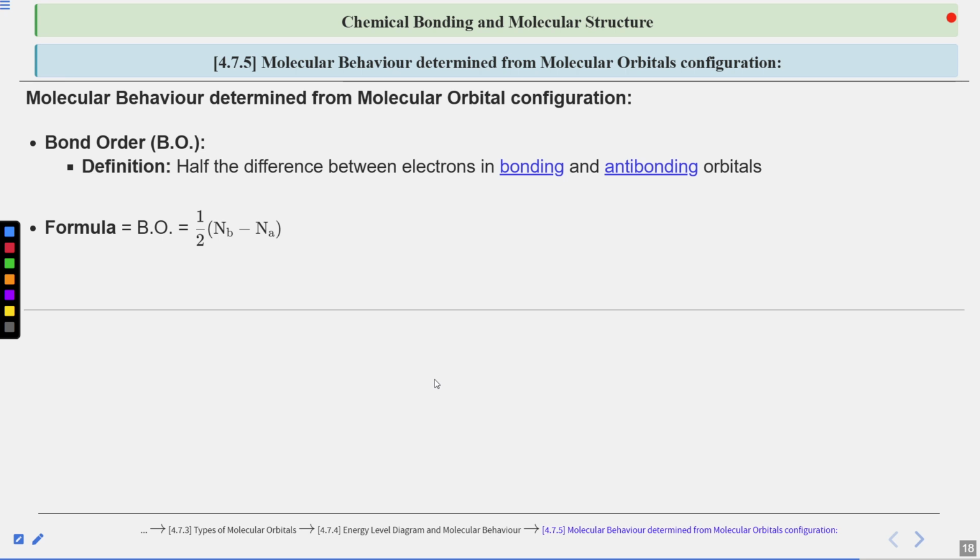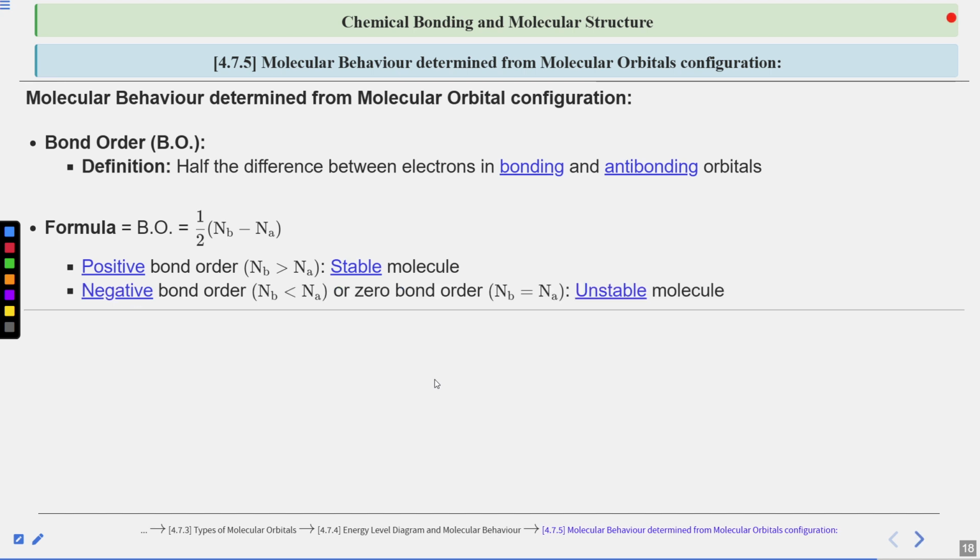So we take the electrons in the bonding orbitals, right? Then we subtract the number of electrons in the anti-bonding and divide it by 2 to get the bond order. If the bond order is positive, the molecule will be formed. It will be a stable molecule. And if it is negative or 0, the molecule will not be formed and the molecule will be unstable.